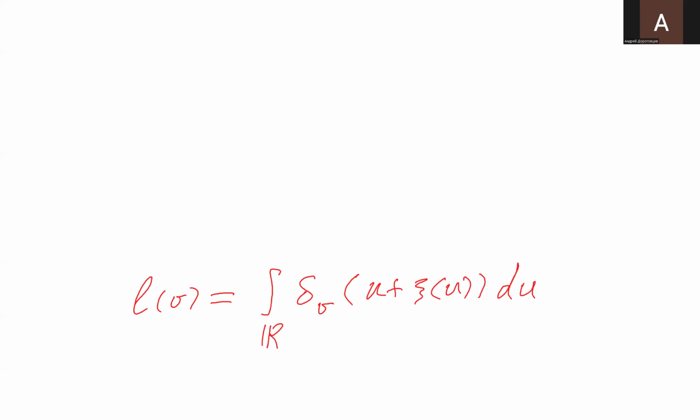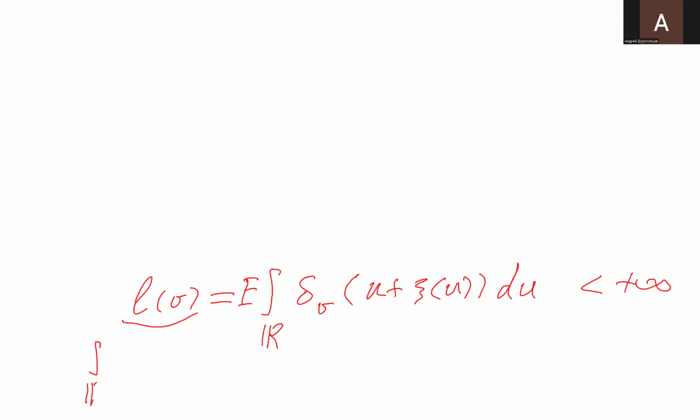So psi is a smooth stationary process, and this local time really exists because psi is centered, and at least one can try to take expectations there and easily see that it is finite.